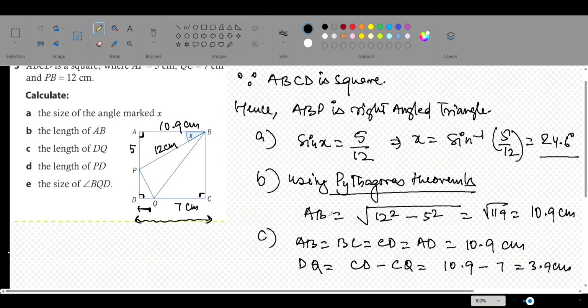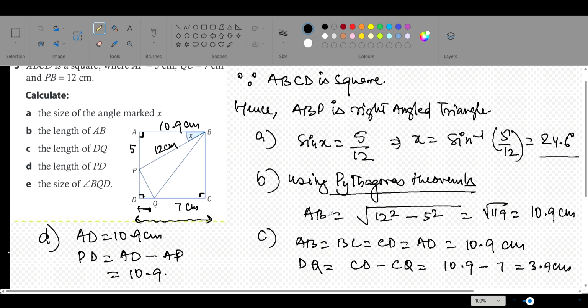In the very similar way, you can find the PD. PD, which is some part of AD. So PD is also very simple now. AD is 10.9 centimeter, and PD is equal to AD minus AP.